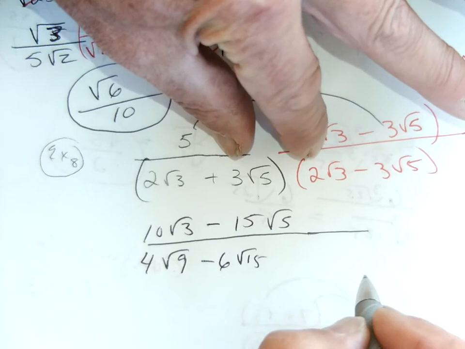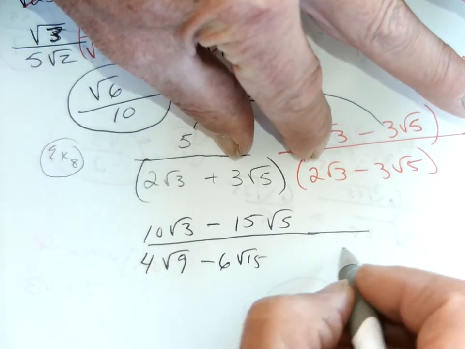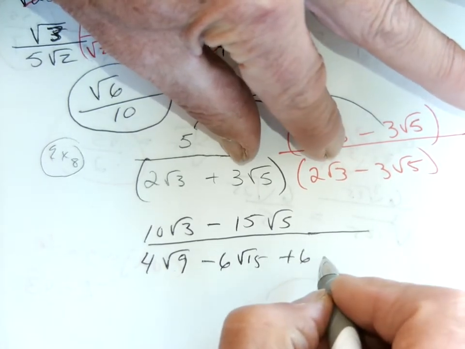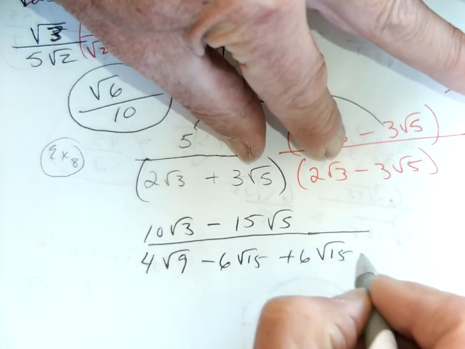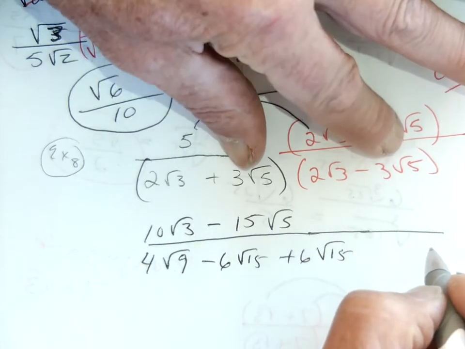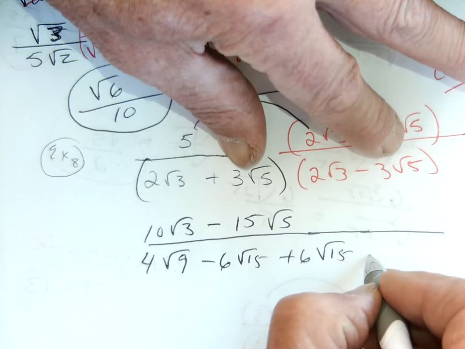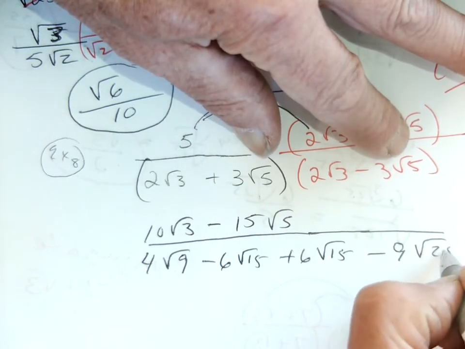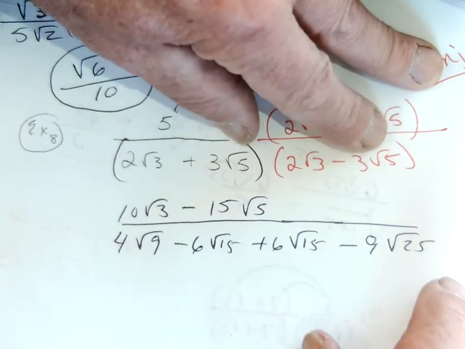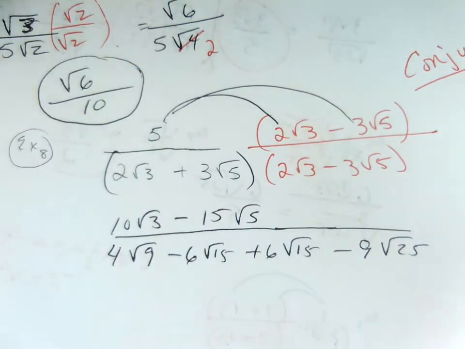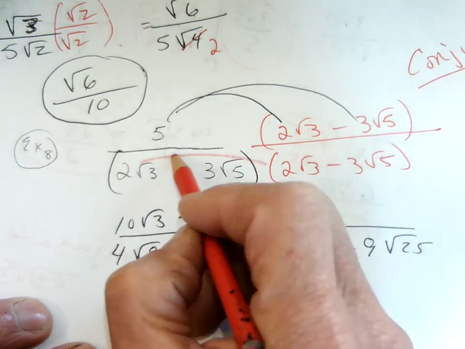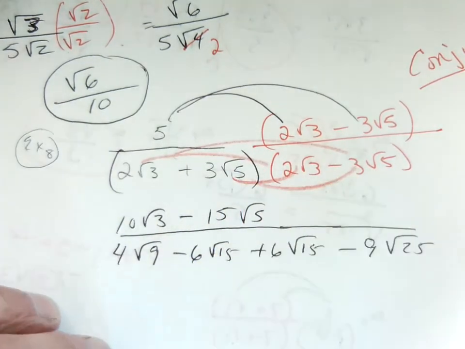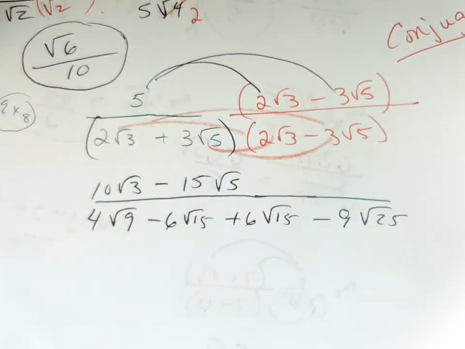The inside, 3 times 2 is positive 6 square roots of 15. And the last term will give me 3 times negative 3, which is a negative 9 square roots of 25. Okay? All right, I just FOILed it out. That times that, that times that, that times that, that times that. Okay?